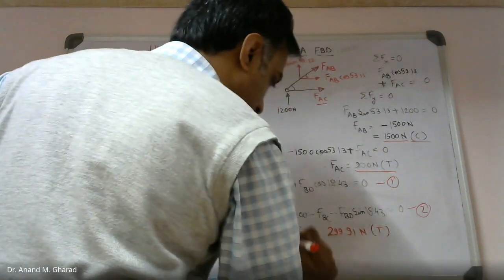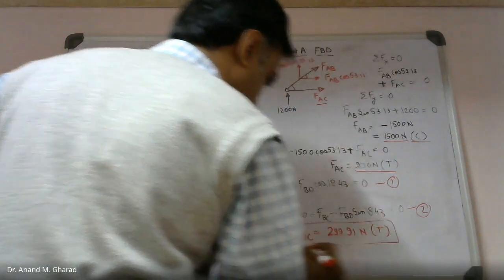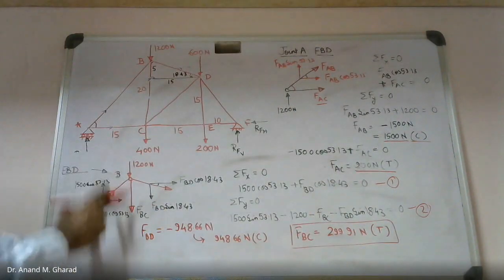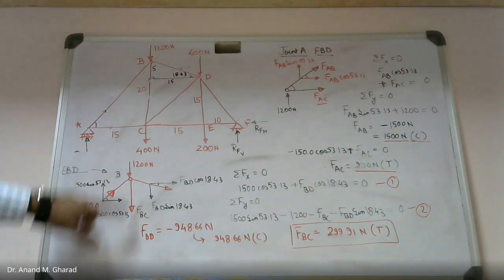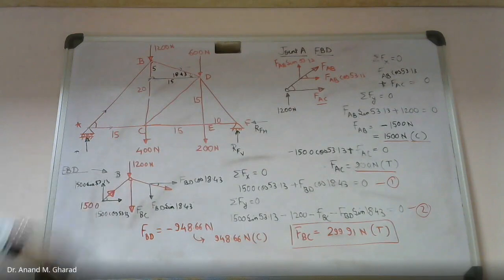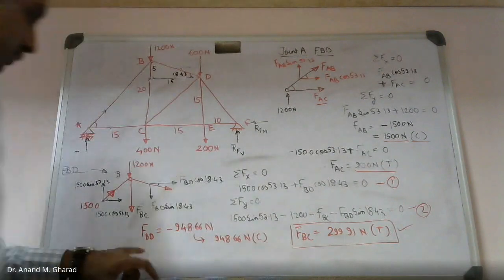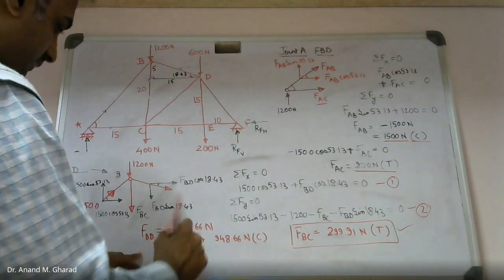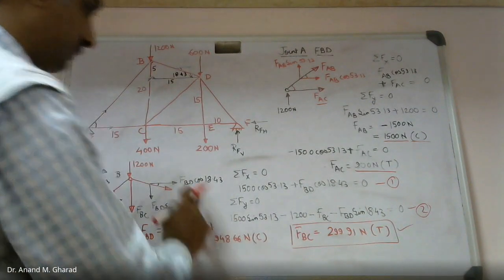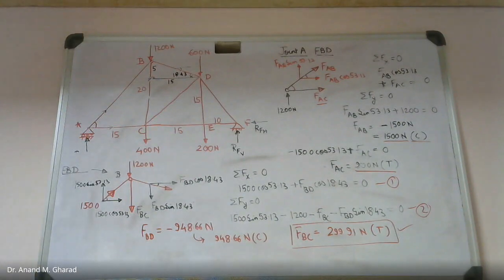That means it is tension because we have assumed FBC in this direction, or it will carry tension. This is what we had assumed, and this came out to be positive. However, force in member BD came out to be negative, and therefore it is compression.